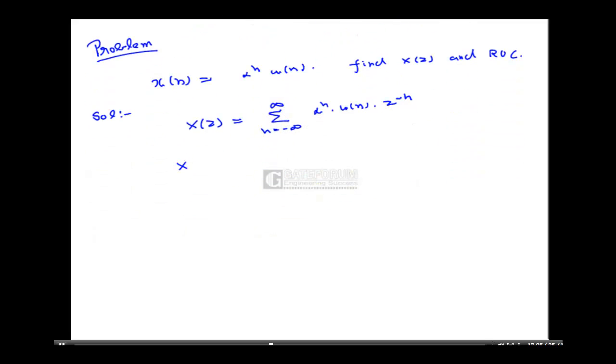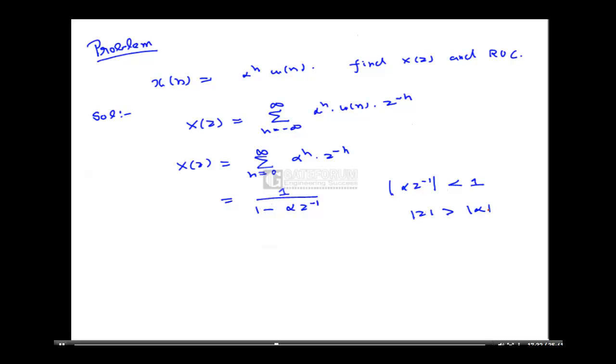I can write X(z) equal to summation n from 0 to infinity alpha to the power n z to the power minus n. This I'll get as 1 upon 1 minus alpha z inverse, where the magnitude of alpha z inverse is less than 1, or mod z is greater than mod alpha. So under this condition, this Z transform will exist.